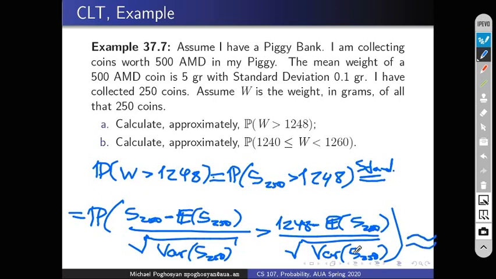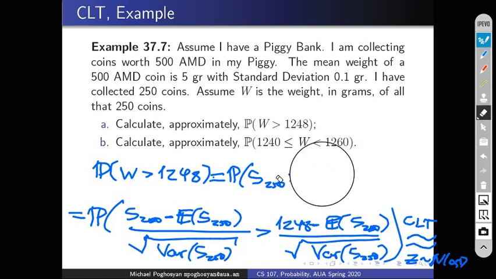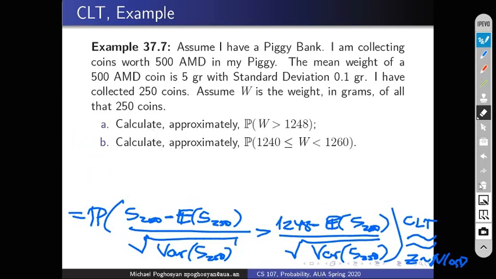This is the place where I am using the central limit theorem. The central limit theorem says, take a normal 0, 1 random variable z, then this probability, this is our standardized random variable, this is just a number. This probability is almost equal to the probability where, instead of this, I'm plugging that z.